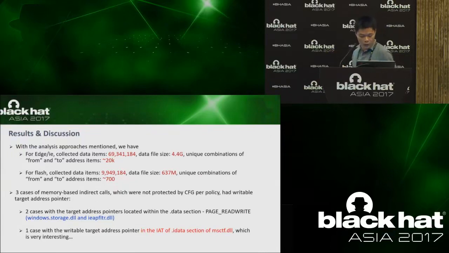Also on Flash, we collected about 9 million indirect calls, and the data file size is about 600 megabytes. After big data processing, we ended up with about 700 calls. So we found three cases out of 100 million indirect calls if you add them up.